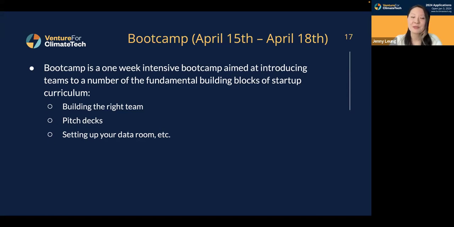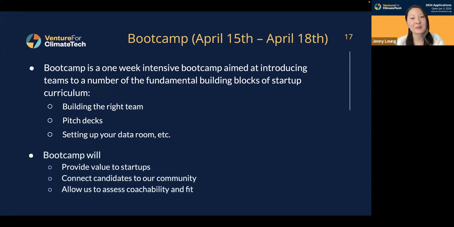For example, we'll talk through building the right team, pitch decks, and setting up your data room, and many other things. This bootcamp is here to provide value to you as startups. It will help connect candidates to our community, but also allow us as a V4C team to assess the coachability and fit of you as part of our program.